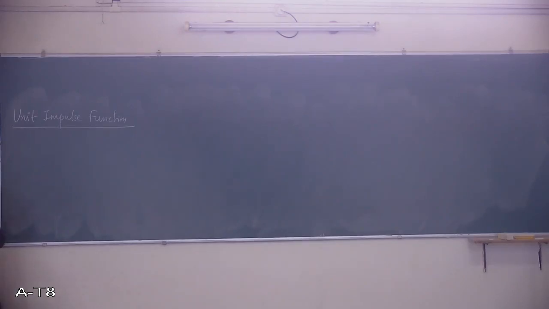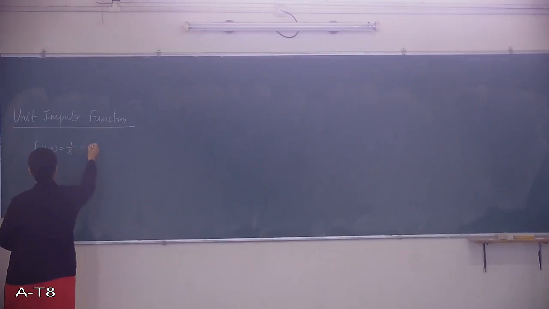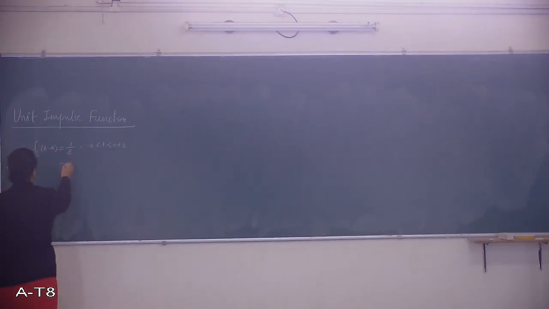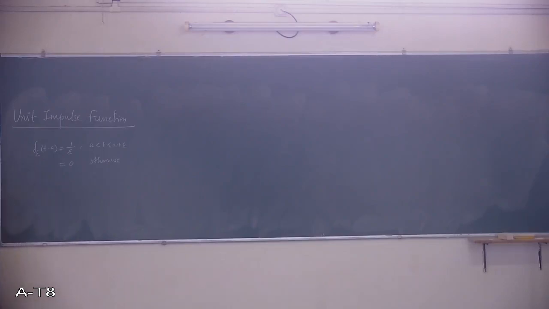So here the same, that unit impulse function, it is regarded as limiting form of the function, that is delta epsilon of t minus a is equals to 1 upon epsilon for t is greater than a and less than or equals to a plus epsilon. Otherwise its value will be equals to 0. Okay, so as epsilon tends to 0, so here we get a graph like this.